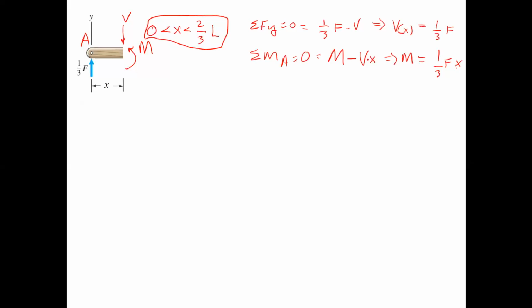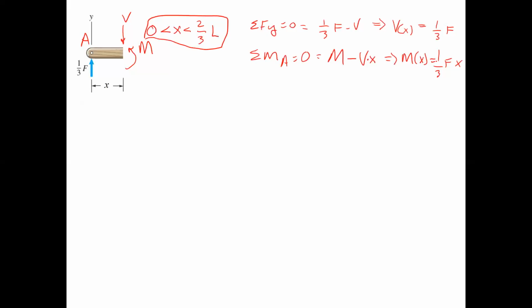It's growing linearly as a function of X. This is also M of X. I don't know if I'm always going to put that in there, but this is to clarify that from now on, these are going to be functions of X. The formulas we just determined only apply to this range from 0 to 2/3 L, exclusive. You go outside that range, the formulas don't apply.